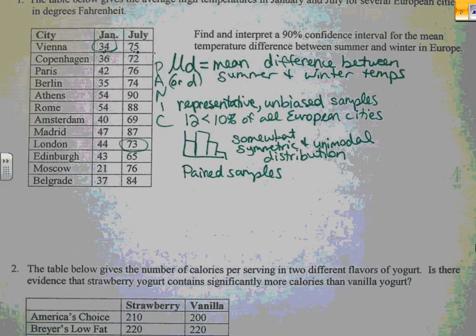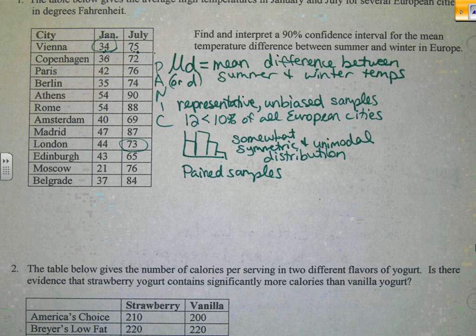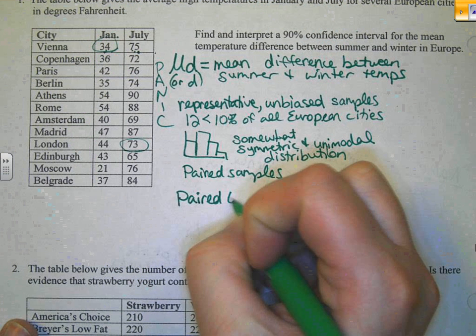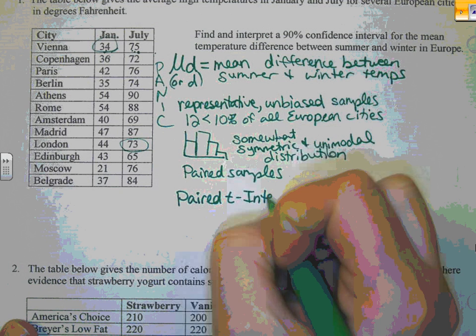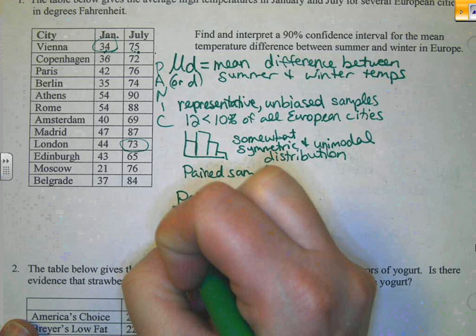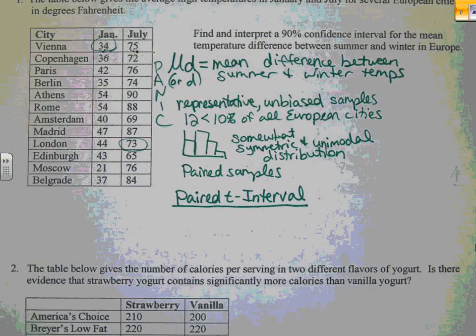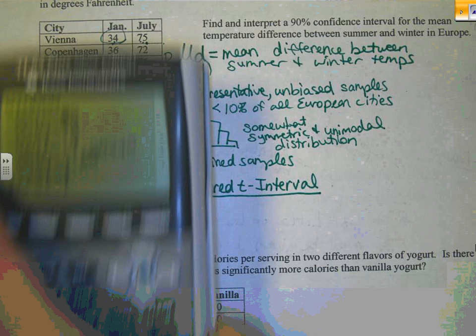Okay, so now what's the name? Yeah, since it's paired samples, this is a paired T interval. If you weren't paying attention earlier, you go to just T interval in your calculator.